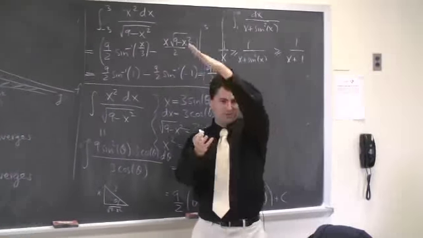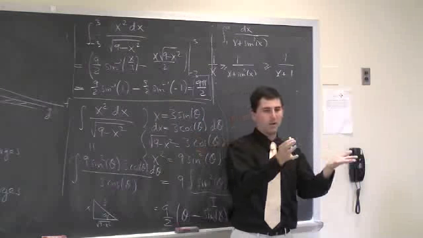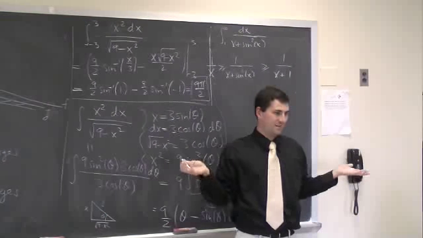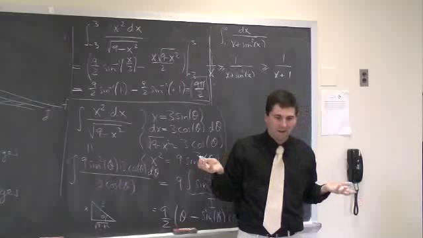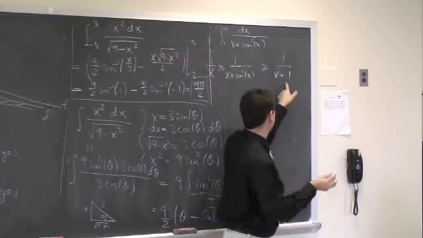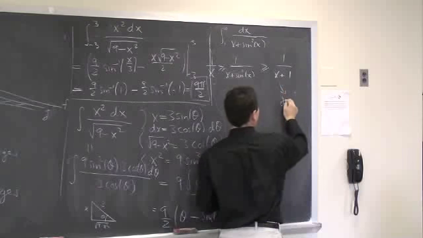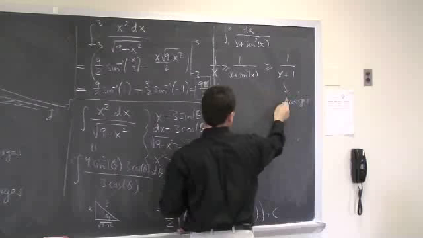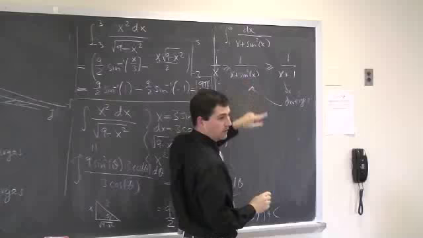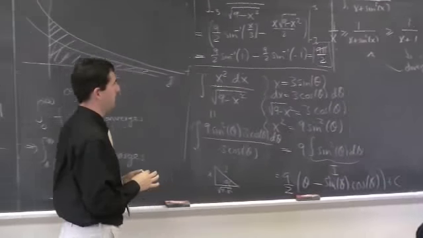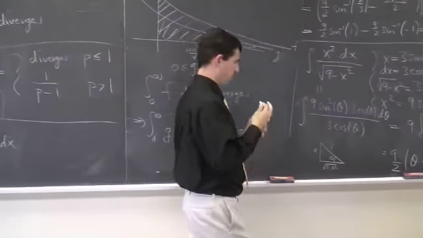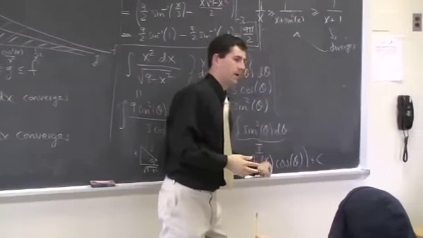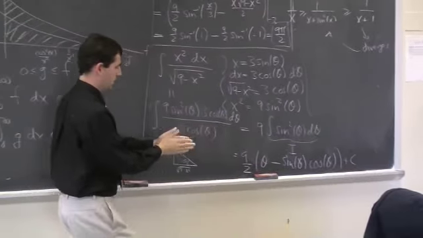But if you have something which has infinite area and you shift it over by 1 unit, you're still going to have infinite area. You can't change that. So this thing will diverge, and since that's bigger than it, it'll imply that one will diverge. So this takes a little bit of practice and a lot of creativity sometimes.